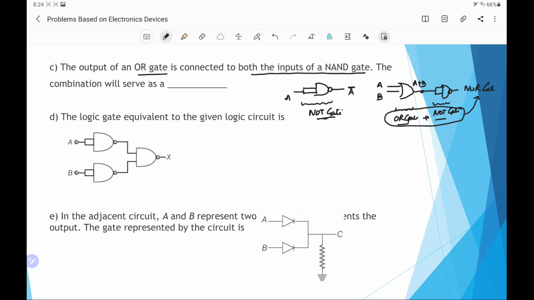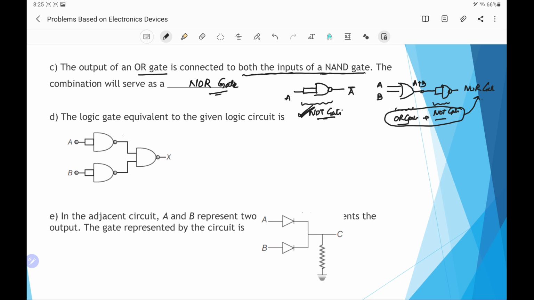Therefore, this output of the OR gate connected to both inputs of the NAND gate will serve as a NOR gate. Here we have to remember that if both the inputs of a NAND gate are connected, then this acts as a NOT gate.